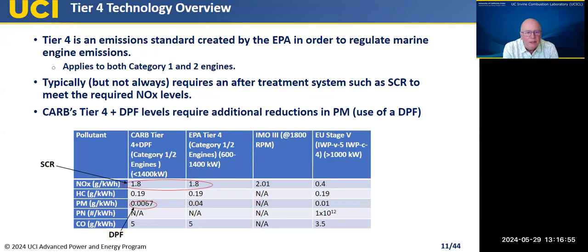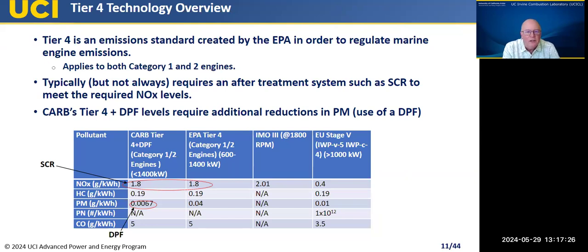So just to begin with, Tier 4, that's an emission standard that really the EPA created. This is something that's directed at both NOx and particulate matter. So NOx and PM, as we might typically call them. These apply to so-called Category 1 and 2 engines. So these are marine engines that are roughly 10,000 horsepower and below.